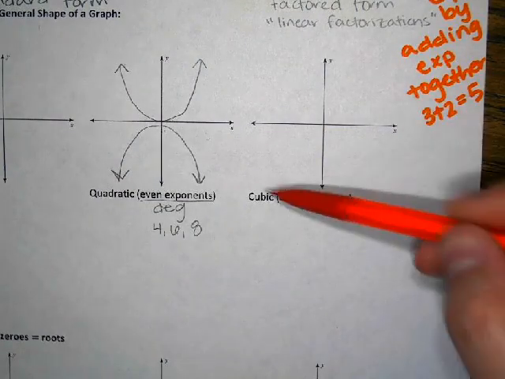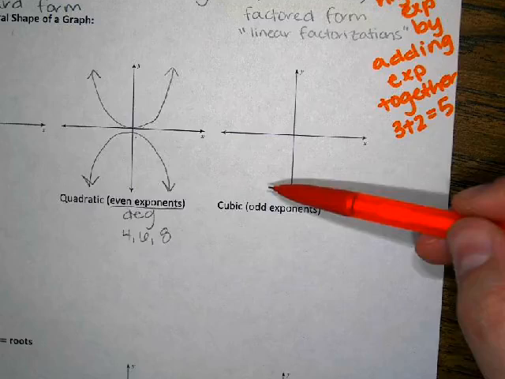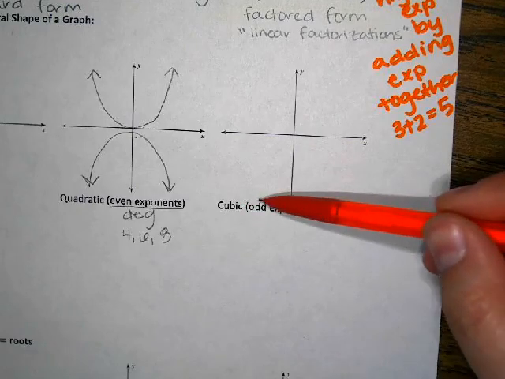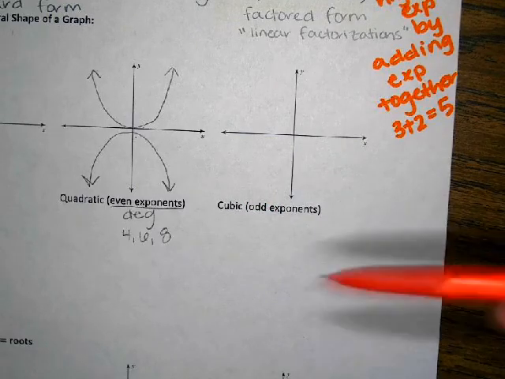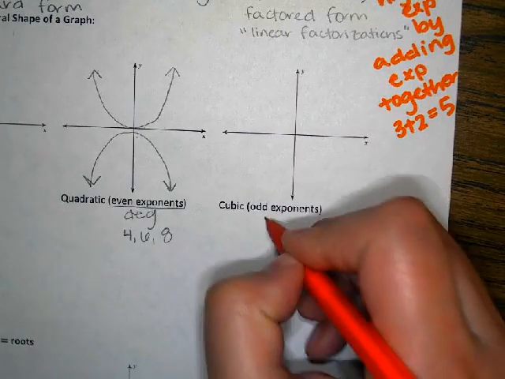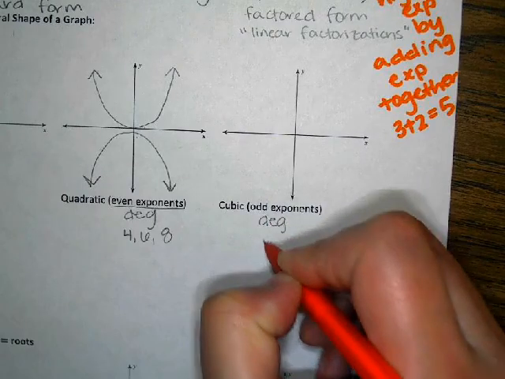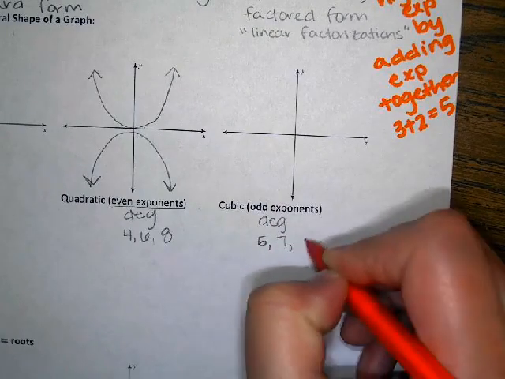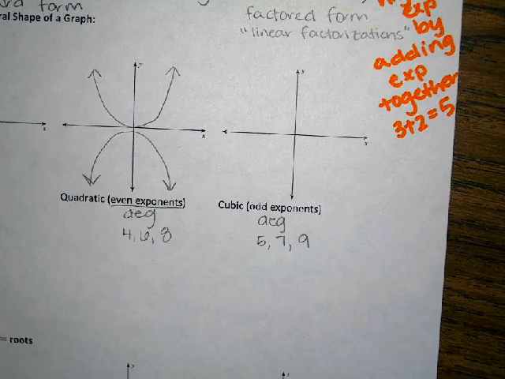Our graph is going to overall be a cubic shape if we end up with a degree that's odd. So if we end up with a degree that is like 5 or 7 or 9, something like that, then we're going to end up with a cubic shape.